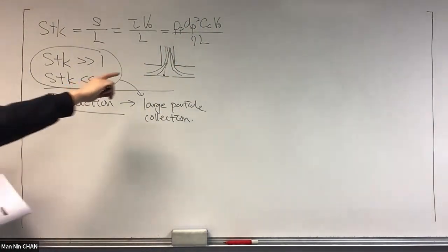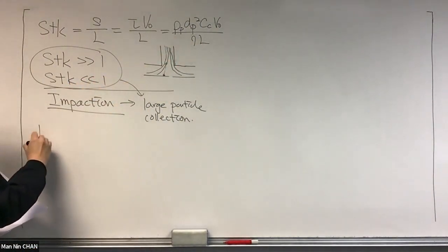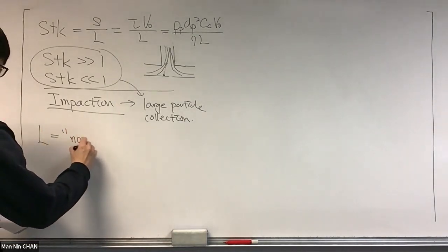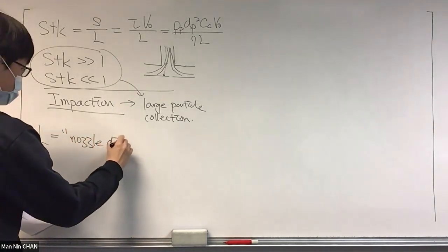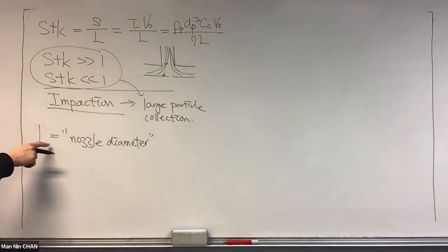But for the impactor case, we can define this characteristic length as the nozzle diameter. You can substitute the nozzle diameter.